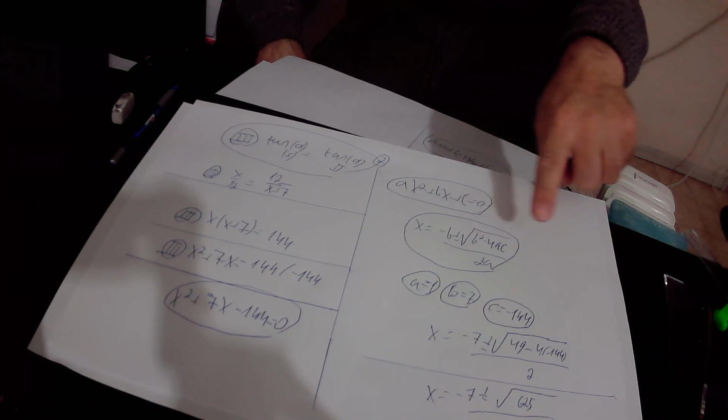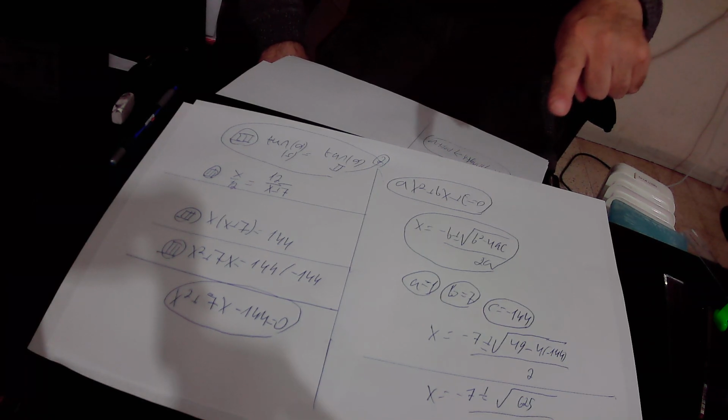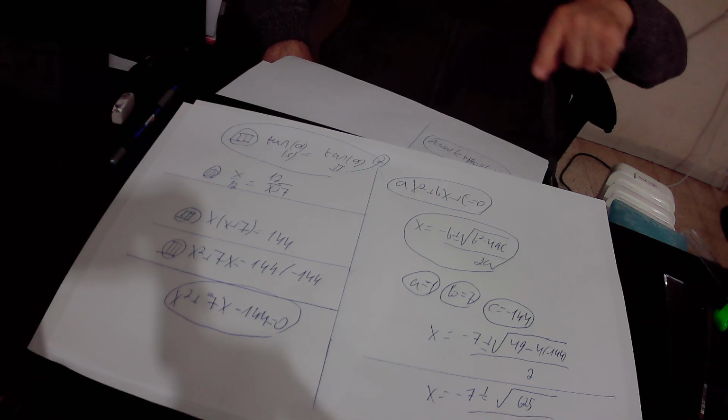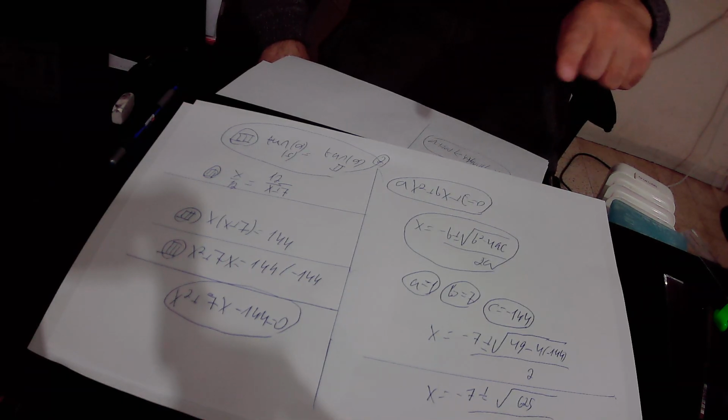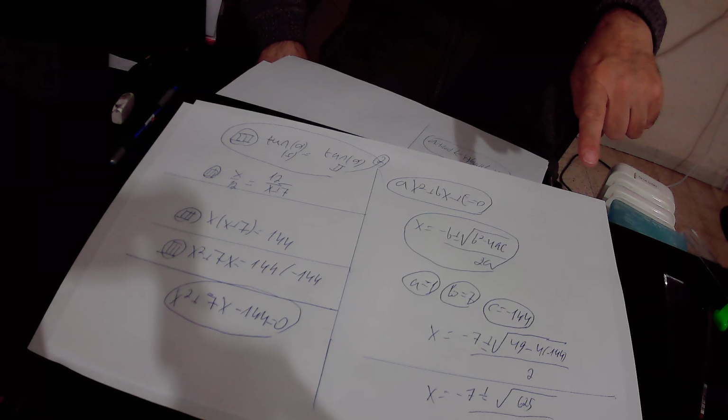So we put the data inside this equation in order to find the value of x. X equals minus b, b is 7, so minus b is minus 7, plus minus square root of b squared. B is 7, so b squared is 7 squared, that is 49. Minus 4 times a, which is 1, times c, which is minus 144.